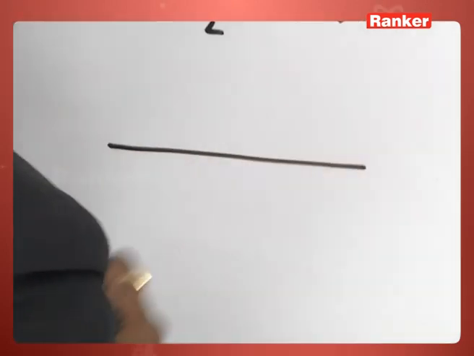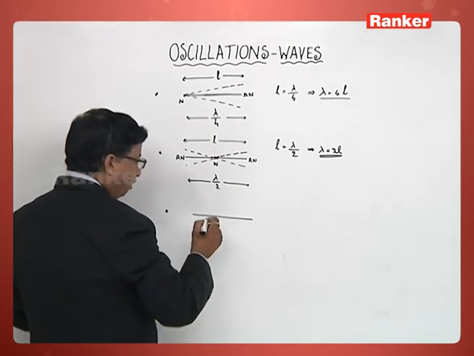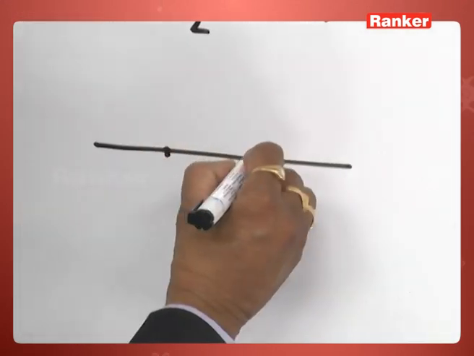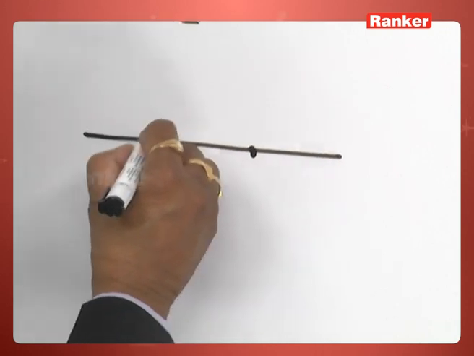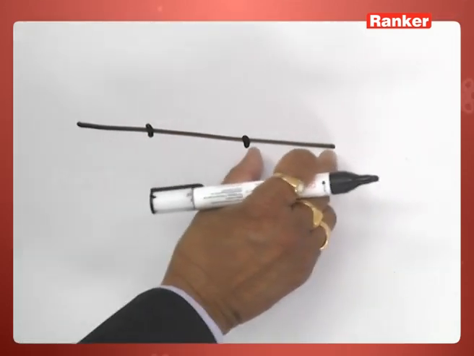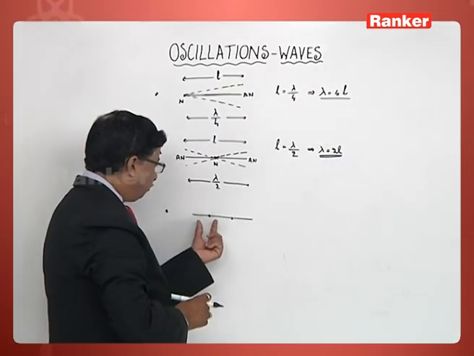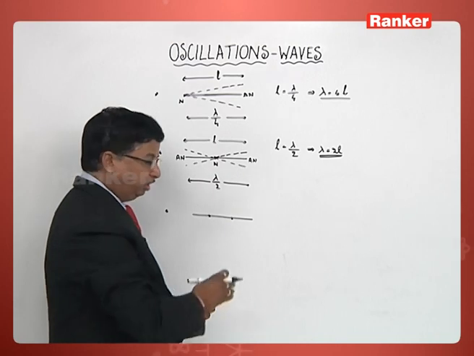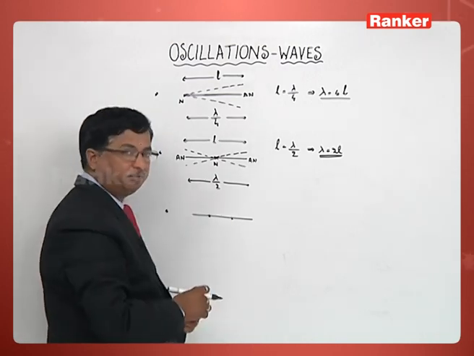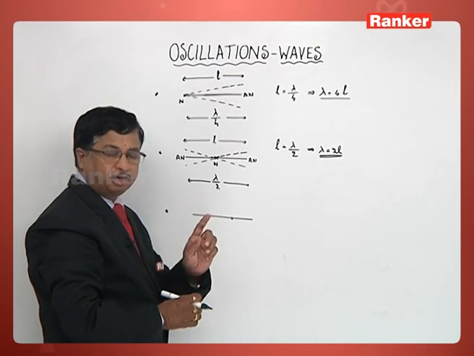Same rod, that means the same geometric length L only, but it is now fixed at two different positions in such a way that these three lengths are going to be equal. These segments, the 3 segments we are observing here in the figure, all have identical lengths.